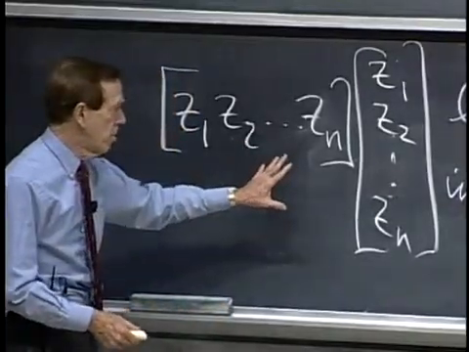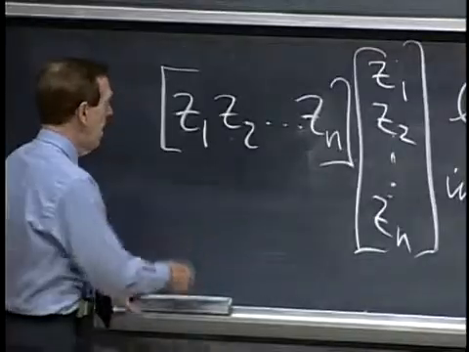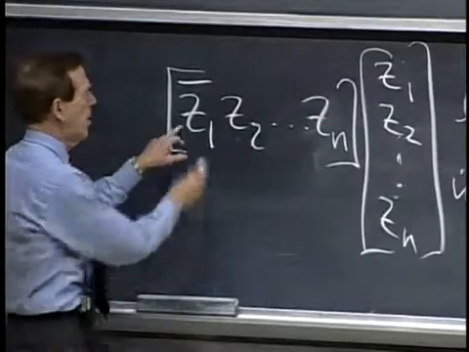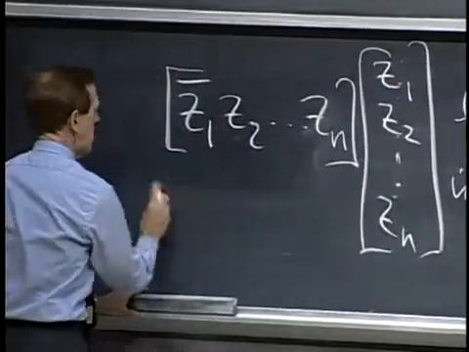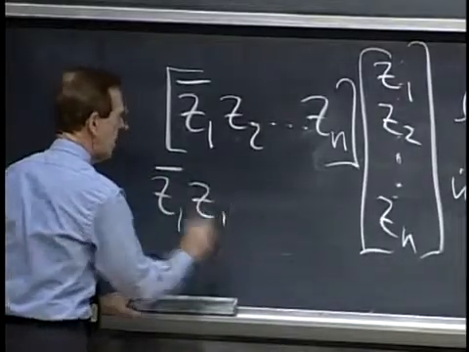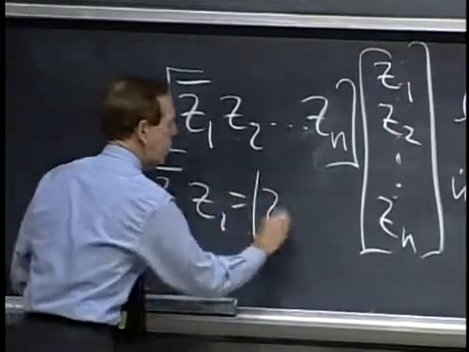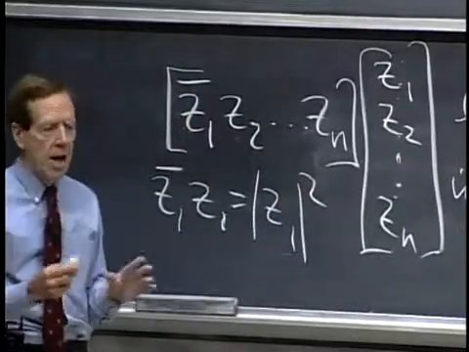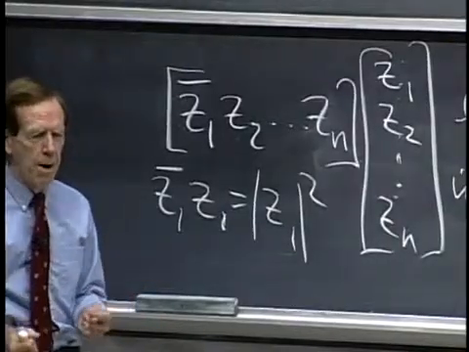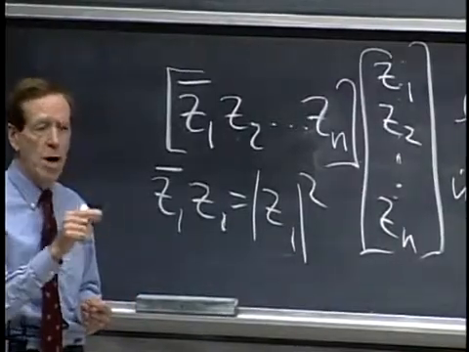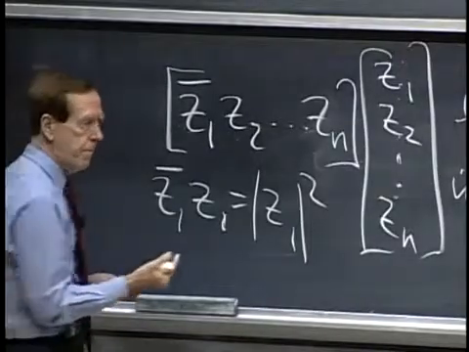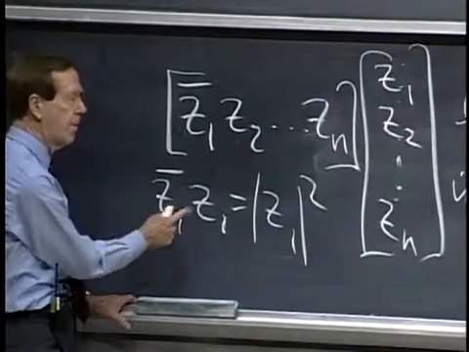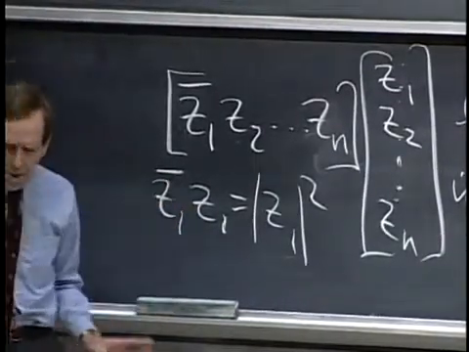This multiplication, what I really want is z1 conjugate times z1. You remember that z1 conjugate z1 is the magnitude of z1 squared, which is what I want. That's like 3 squared or 5 squared. Now if z1 is i, then i multiplied by minus i gives 1, plus 1.